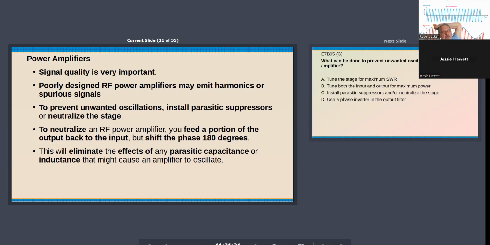Because remember, how you make an oscillator is you build an amplifier poorly, and it gets some positive feedback. So this is a way to offset any of the positive feedback by countering it with some negative feedback. And it might keep it from oscillating.